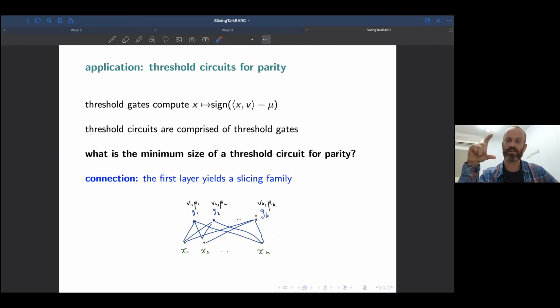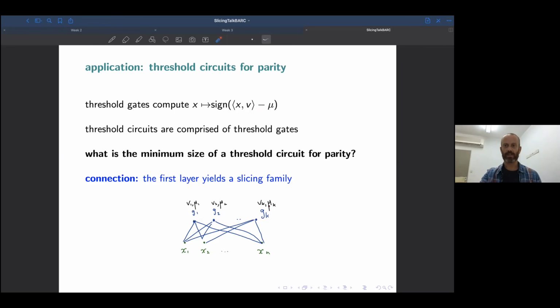On the two opposite sides, all of these gates output the same value. But the parity of these two neighbors is different. So the circuit cannot compute parity if these gates do not slice all edges. So this is the first observation that connects the two problems. Was it clear? Yes? Okay.